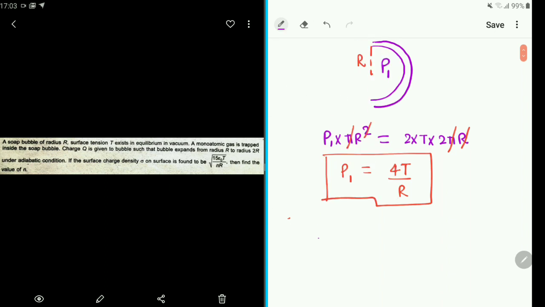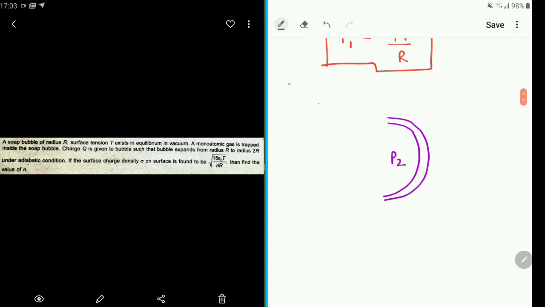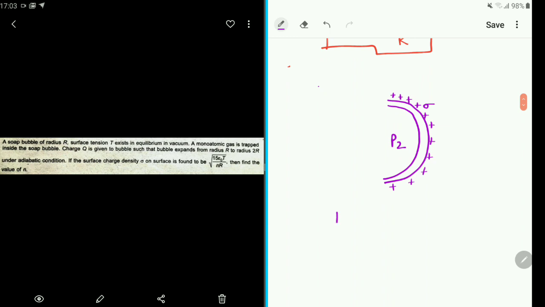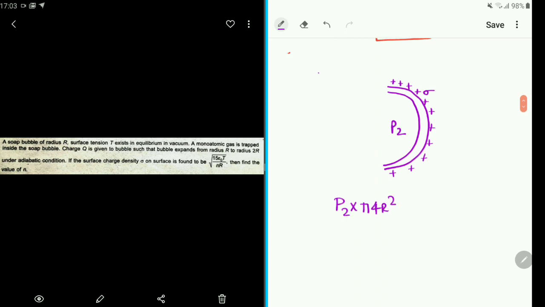Now the question is saying that a charge is placed on the surface of this bubble, due to which the bubble expands adiabatically to reach a radius of 2r. Let's say after putting the Q charge on the surface of the bubble, the surface charge density becomes sigma.